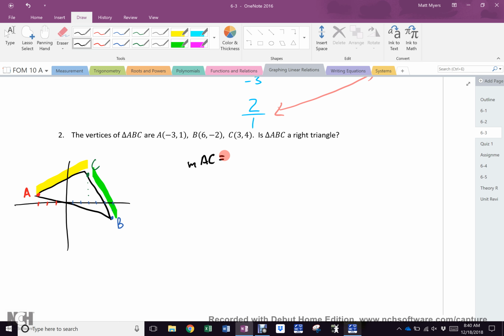Rise over run. I could count it, or, pardon? I could do y2 minus y1 over x2 minus x1. Do I care which one you do? Great, go. Tell me what the slope of AC is.